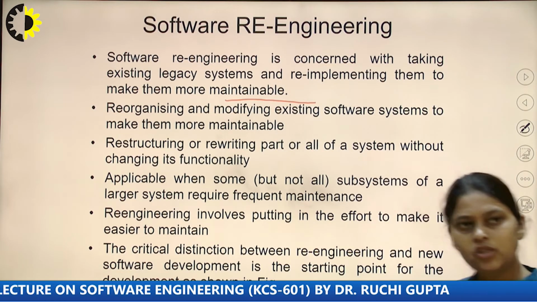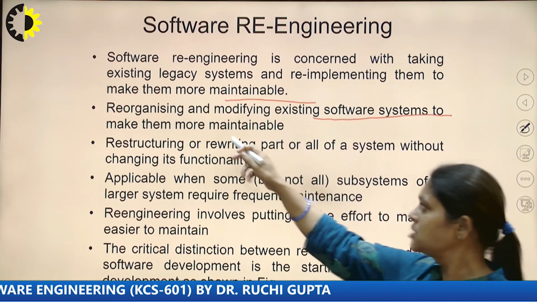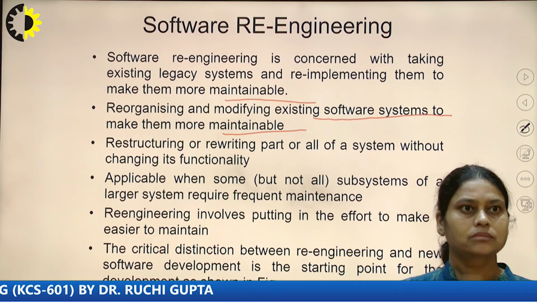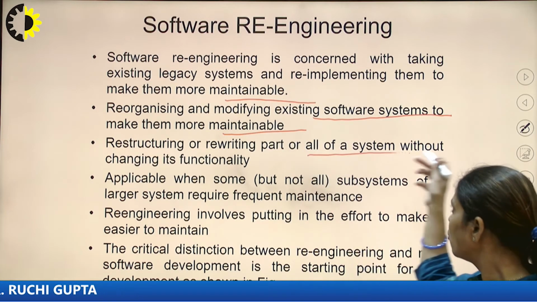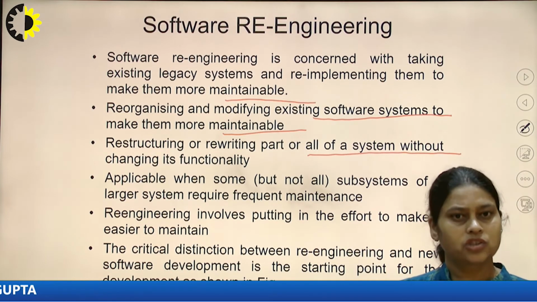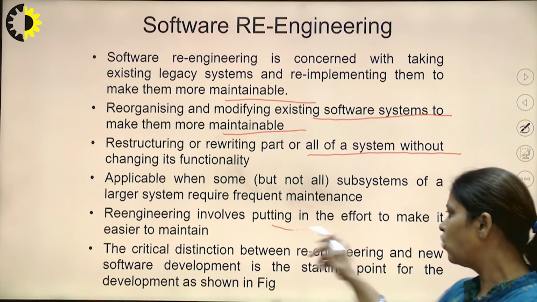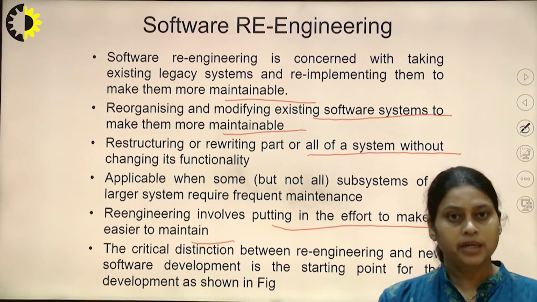In the re-engineering process, we have to recognize and modify existing software to make it more maintainable, restructuring or rewriting part or all of the system without changing its functionality. Re-engineering involves putting effort into maintenance only.